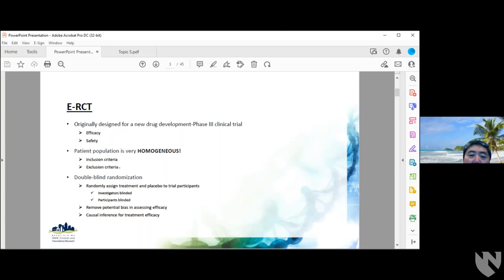Then you can use the clinical trial to detect the average effect size, whether it's clinically significant to promote this intervention or treatment or not. Again, it sounds like it's not very pragmatic already, right? The patient population has to be very homogeneous.